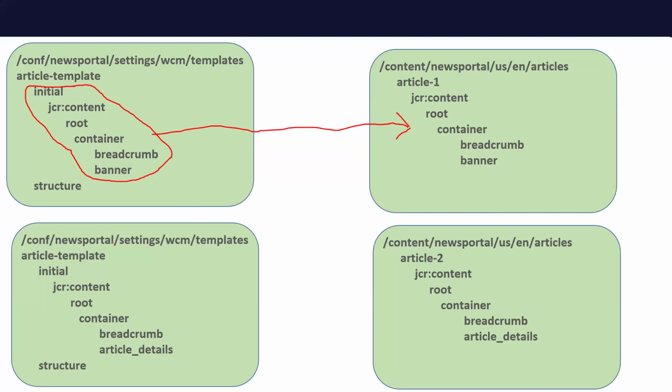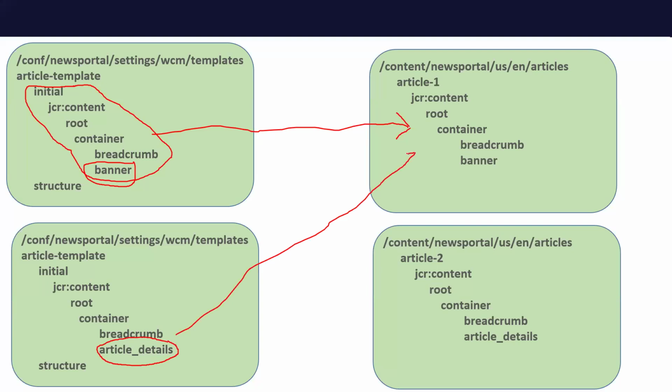So this is the second scenario. For example, instead of banner, let's assume I have added the article detail component in the initial content, so basically I have updated the initial content of the template. These changes will not reflect into the existing page. Article 1 is an existing page.